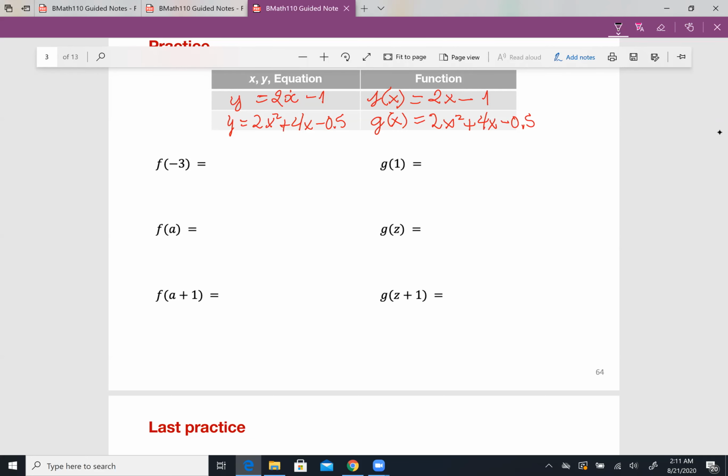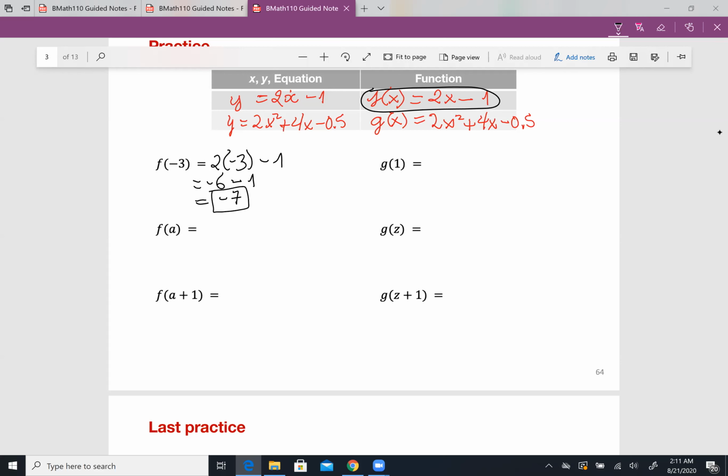For f of negative 3, I will use this function with input at negative 3. So I have 2 times negative 3 minus 1. That's negative 6 minus 1, and that's going to give me negative 7.